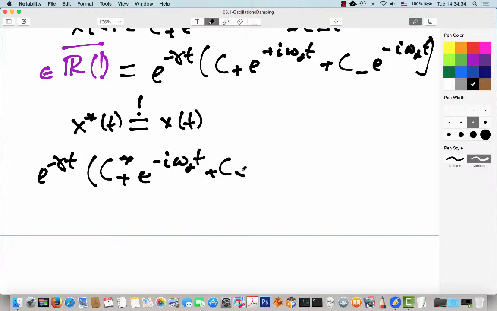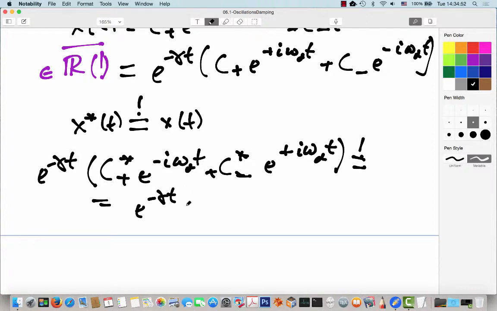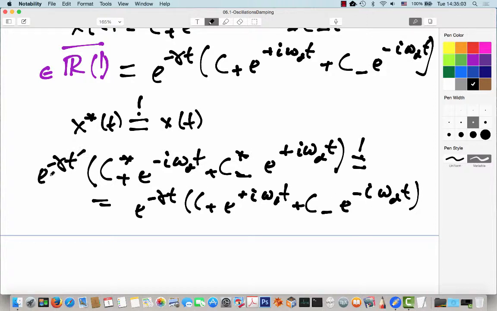Similarly, plus C minus star, e to the plus I omega d t, and we are demanding that that equal e to the minus gamma t times C plus e to the plus I omega d t plus C minus e to the minus I omega d t. Cancel, cancel, for what that's worth.